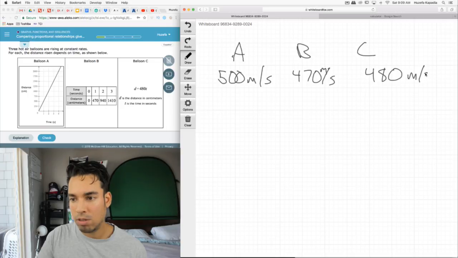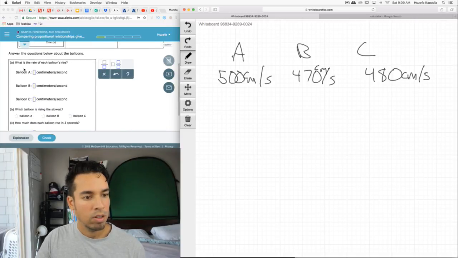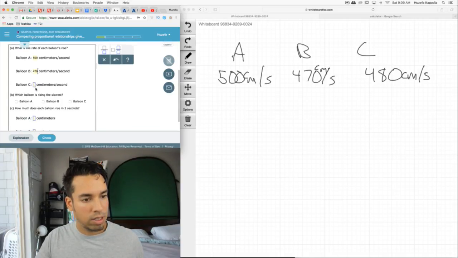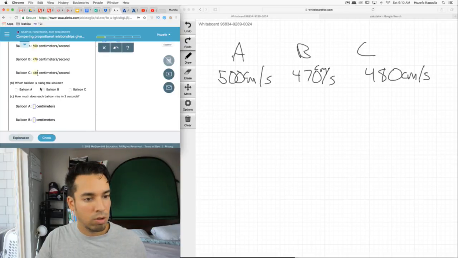Oh, it's not centimeters, it's meters. I mean, it's not meters, it's centimeters. Centimeters, centimeters. Okay. So balloon A is 500, balloon B is 470, and balloon C is 480. The balloon that's the slowest is B because it's 470, that's slow speed.